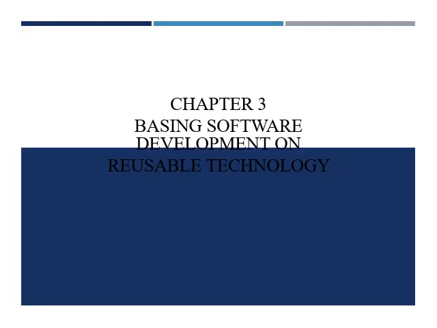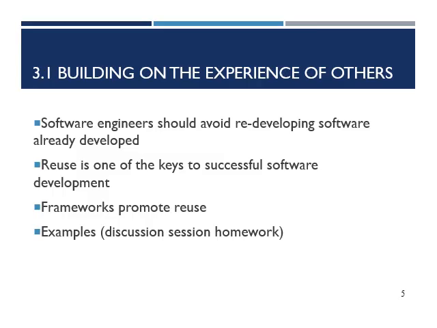Next, this is our chapter name, Basing Software Development on Reusable Technology, right? Now, building on the experience of others, software engineers should avoid redeveloping software that others have already developed. In other words, they should try to reuse others' work, right?